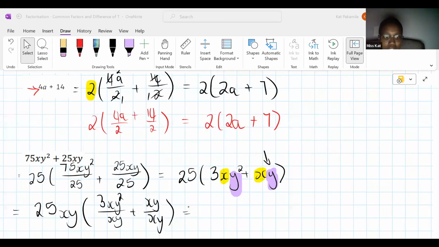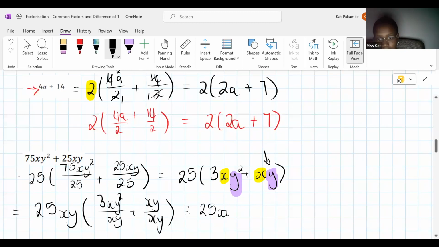What's the final answer? So the final answer would be 25, brackets, 3x. Be careful. How many x's do you have there? There's 1.